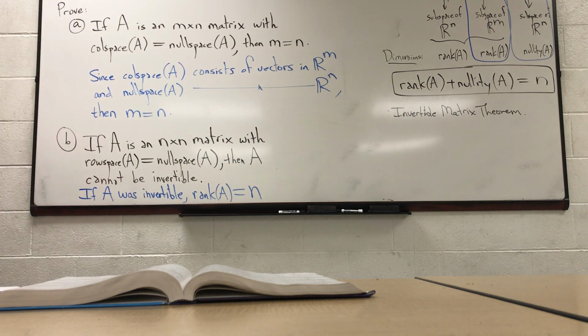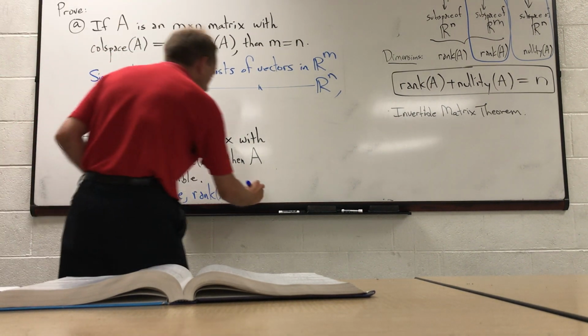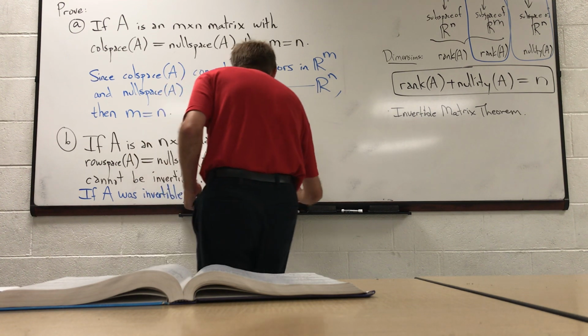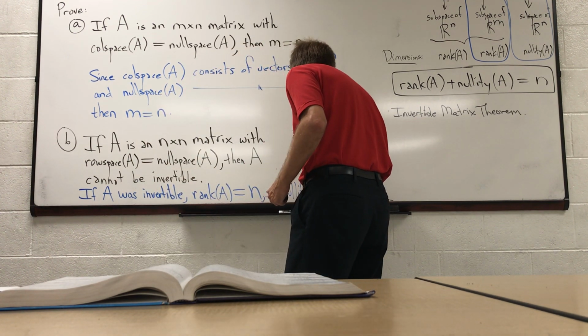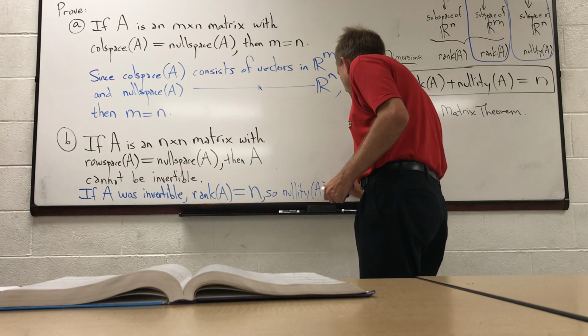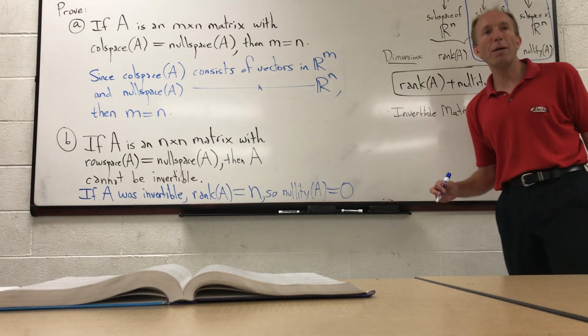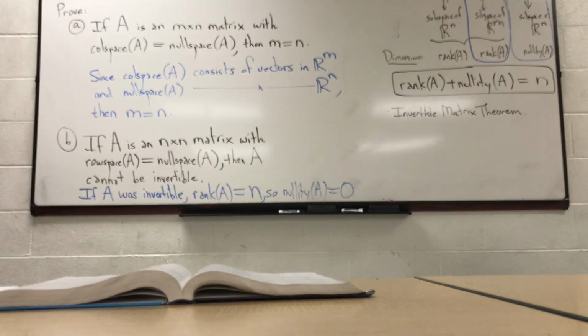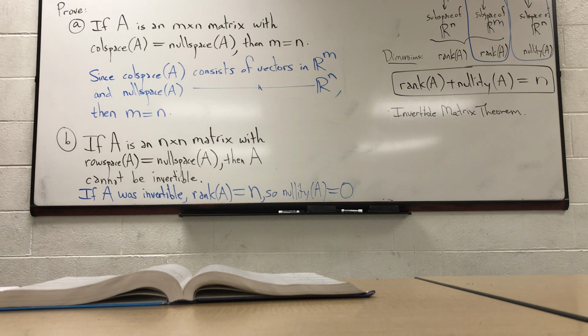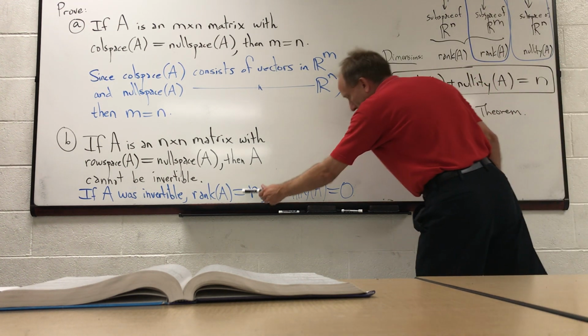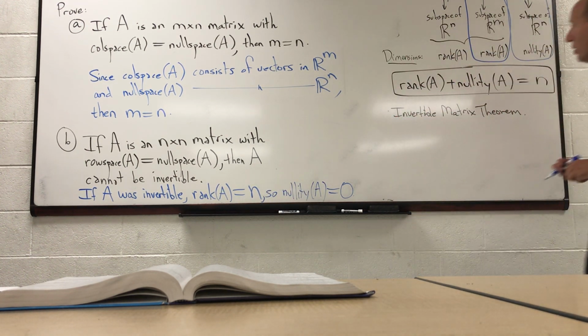And if its rank was n, then what would its nullity be? 0, right? According to our rank nullity theorem. This is just a nice little problem that kind of puts this together. So if A was invertible, it would have a full rank of n, so its nullity would be 0.